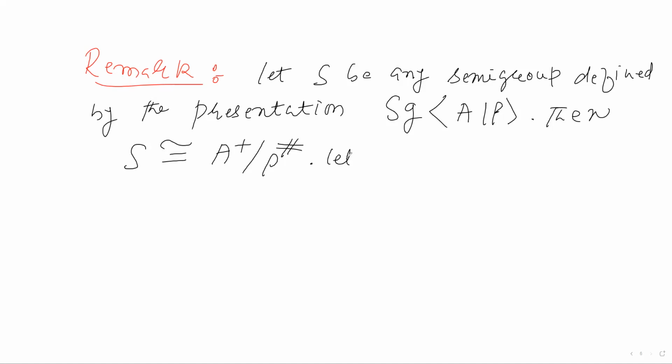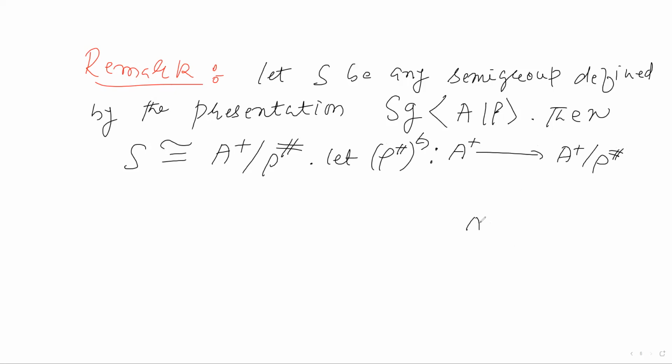Now you take the natural map, rho sharp natural. It is from A plus to the quotient semigroup A plus by rho sharp. Now I will draw the diagram.